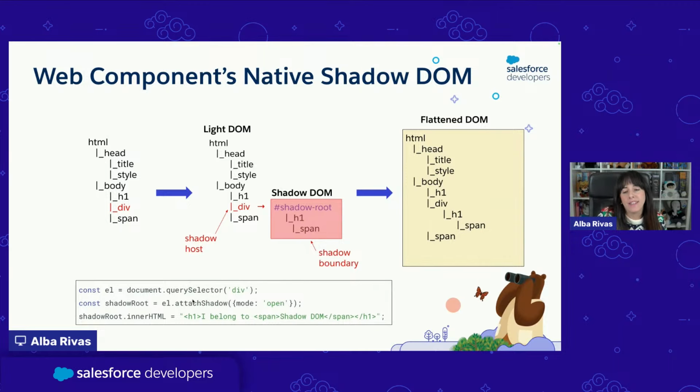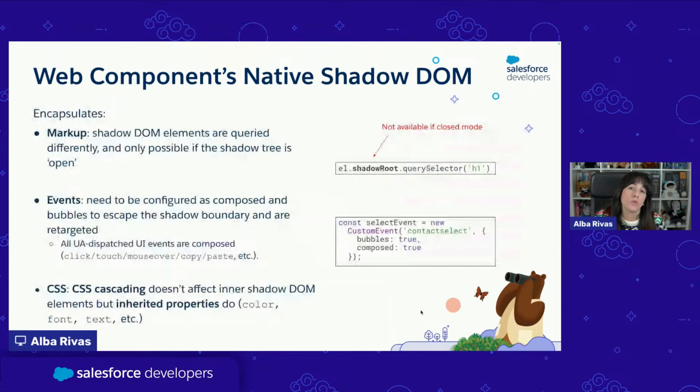We are doing this with the synthetic shadow as of today, but our objective is to move to the native shadow DOM as soon as we can and as soon as it is supported in all the browsers that our customers use.